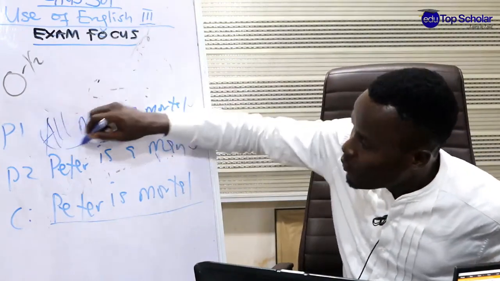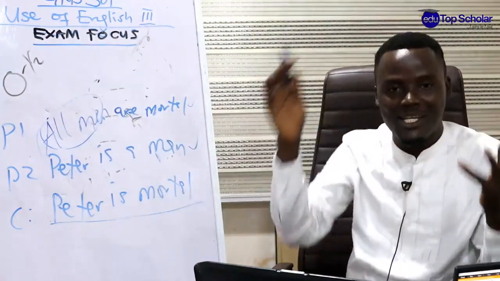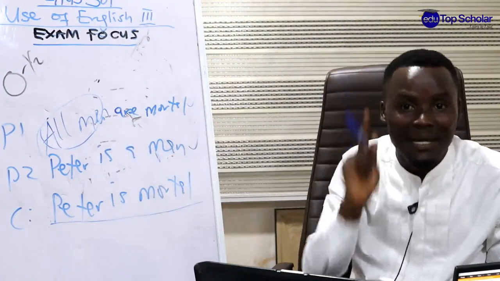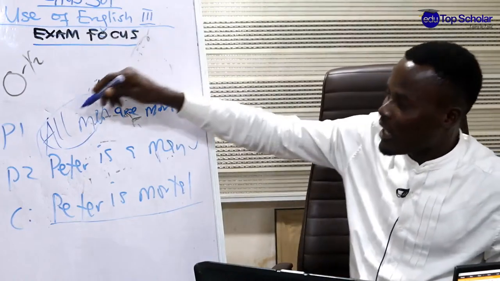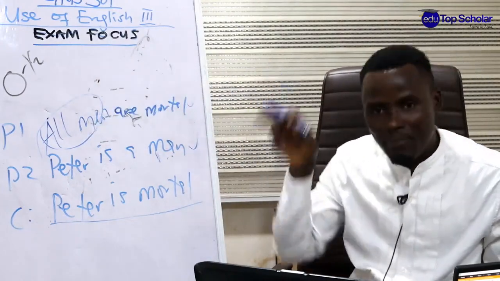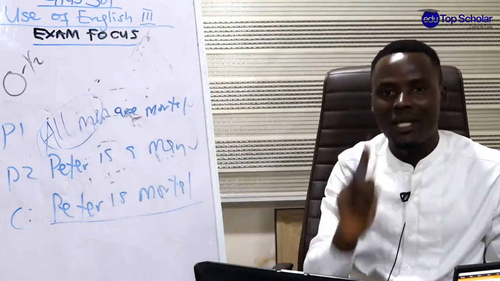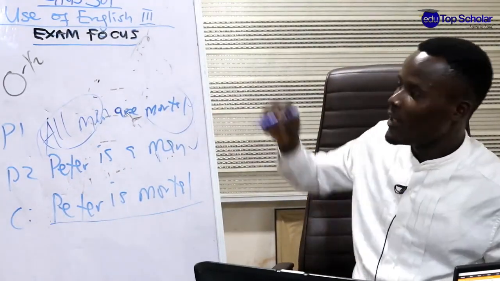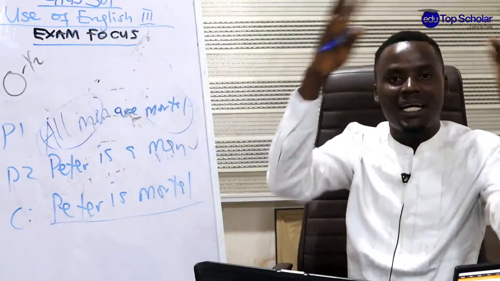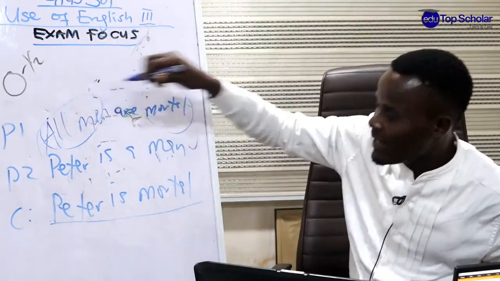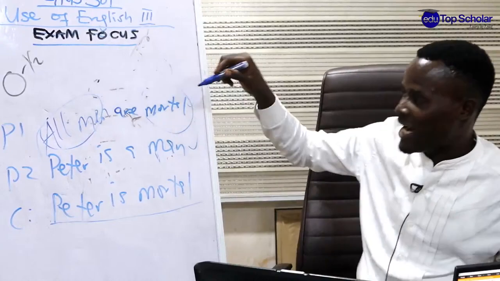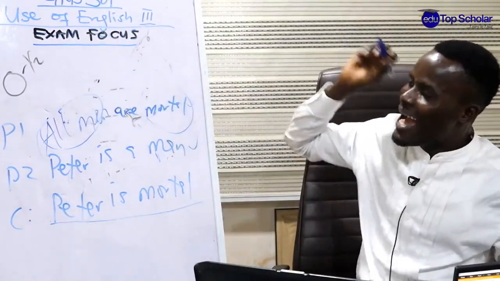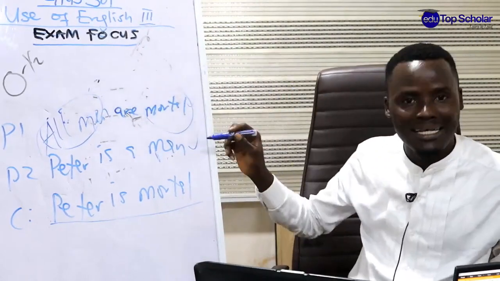We said all men. This is called generalization. Anytime you see all, it means nobody is exempted. So when all has been given, anything being part of the whole must share the value of the class of the whole. If all men are mortal, if all men are short, if all men are tall, if all men are black, anybody who is a man must also be black.